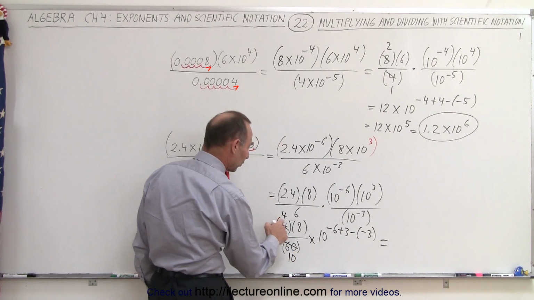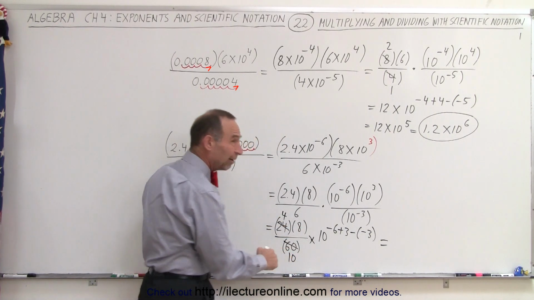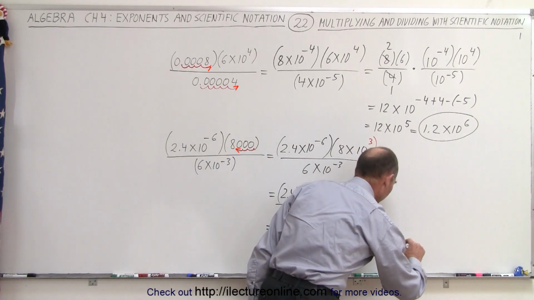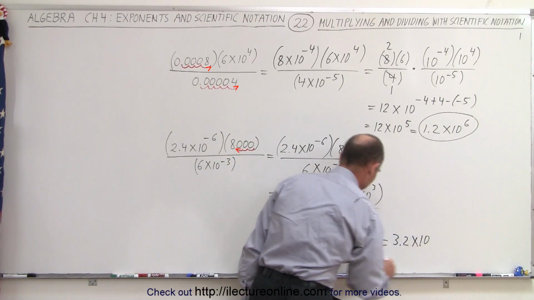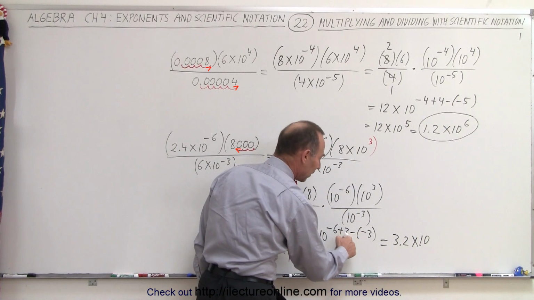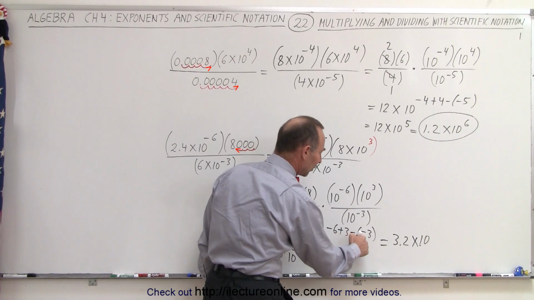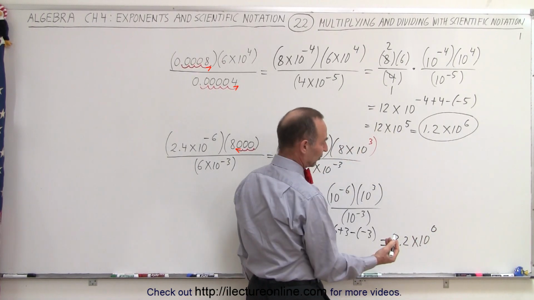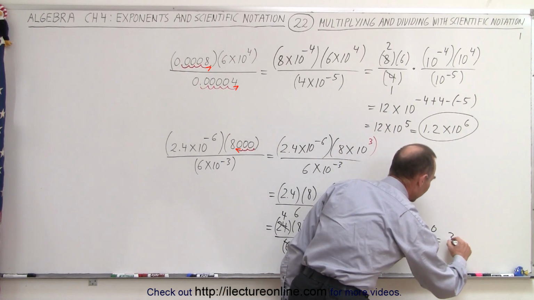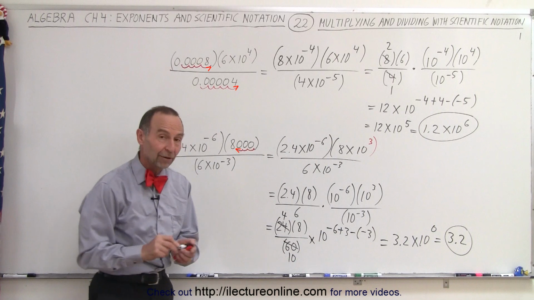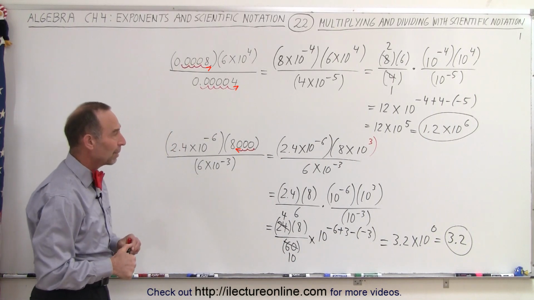So now we have 4 times 8 divided by 10. 4 times 8 is 32, divided by 10 is 3.2. So 3.2 times 10. Notice we have minus 6 plus 3 minus a minus. Minus times the minus is plus, so plus 3 is plus 6. Minus 6, we get 10 to the 0. And of course, 10 to the 0 is equal to 1, which is equal to 3.2. And that's the most simplified form of our original problem.